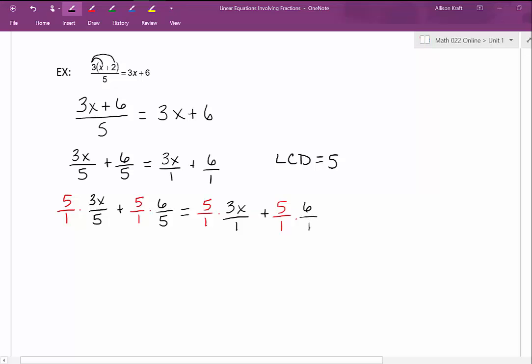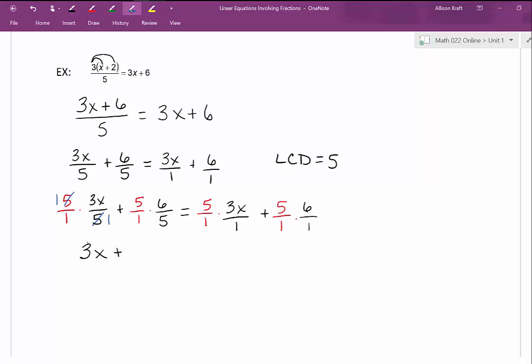Now we eliminate our denominators by simplifying. In our first pair, I see that each of these numbers are divisible by 5. 5 goes in once, 5 goes in once. Multiplying straight across, I get 3x over 1, or simply 3x.